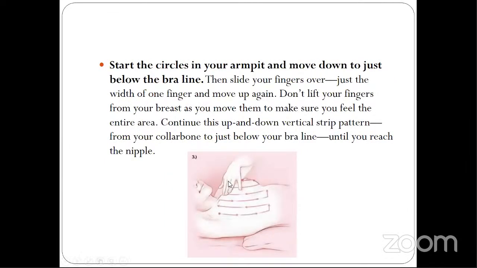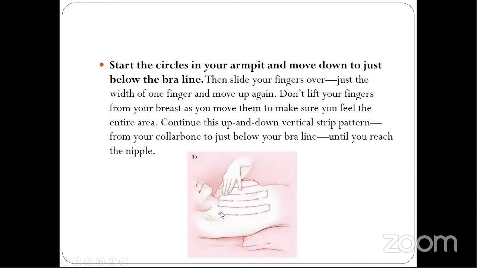Then, again by hand, we start in the armpit and move down to the bra line. Then, as you can see here, we slide the finger over by the width of one finger and move up again, moving up and down to feel the breast tissue. The key here is don't lift the finger.